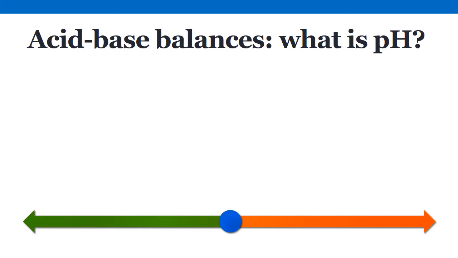Well, to start with, water, as you know, is H2O. But water can split into H plus and OH minus. It does this at a rate of about 10 to the minus 7th.